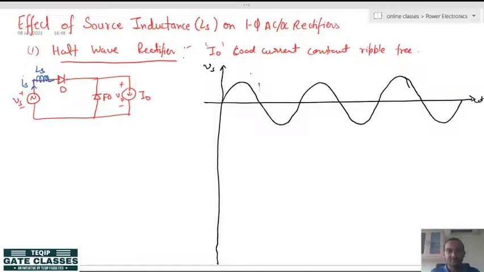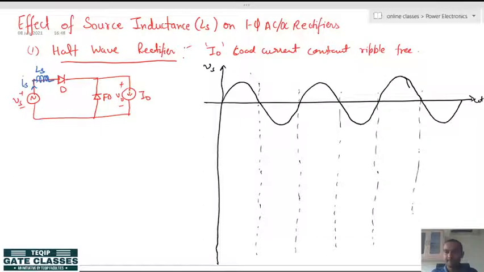This is our source voltage, with the instants Vm, 0, pi, 2 pi, 3 pi, 4 pi, 5 pi and so on.